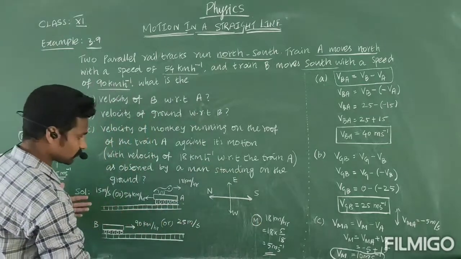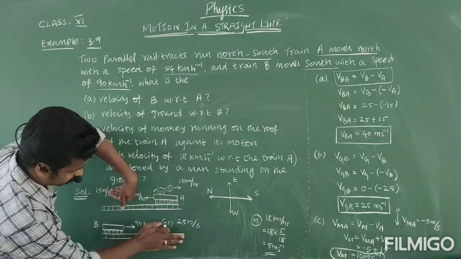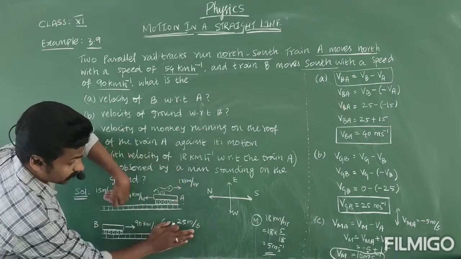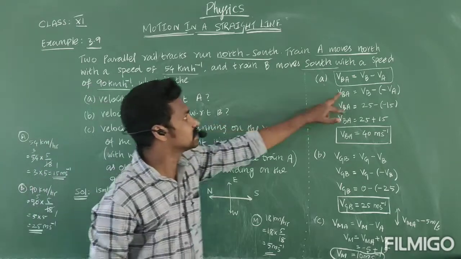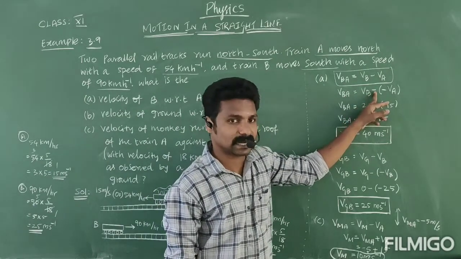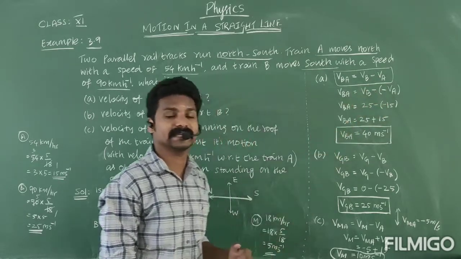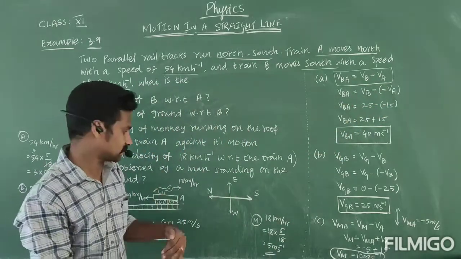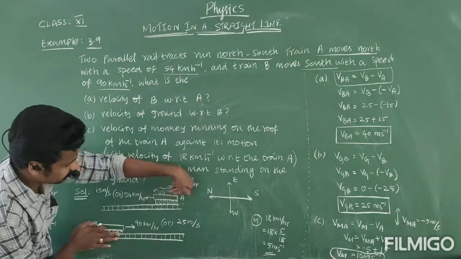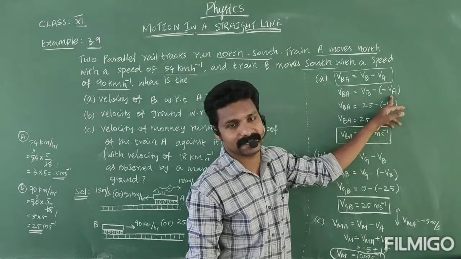See, train A is in this direction and train B is in the opposite direction. So I can write VB minus VA, but VA is opposite to the VB direction. So I can write minus of minus VA.